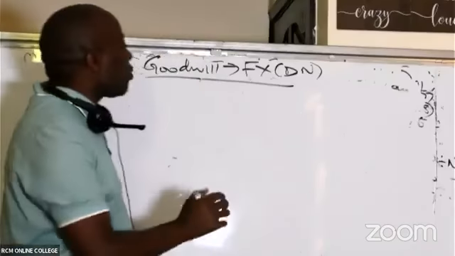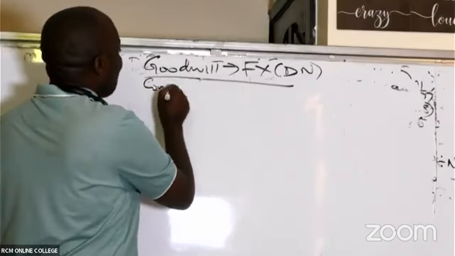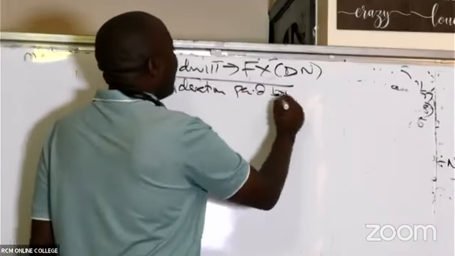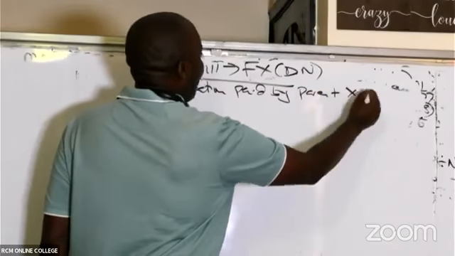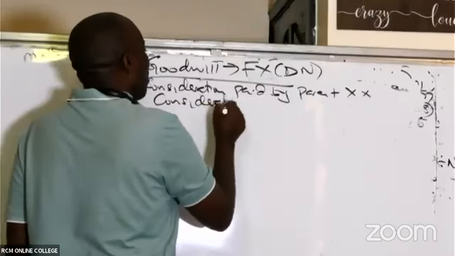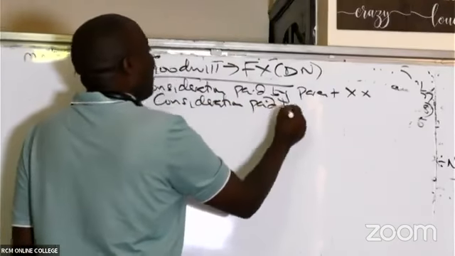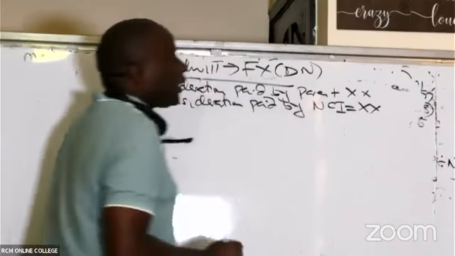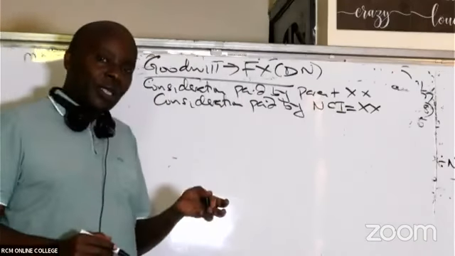So remember, to calculate goodwill, we look at the consideration paid by the parent. And then we have consideration paid by NCI. I hope you are able to remember that NCI is non-controlling interests.